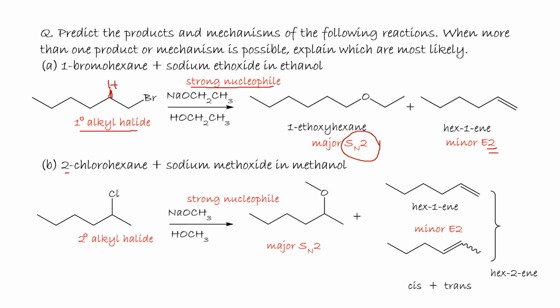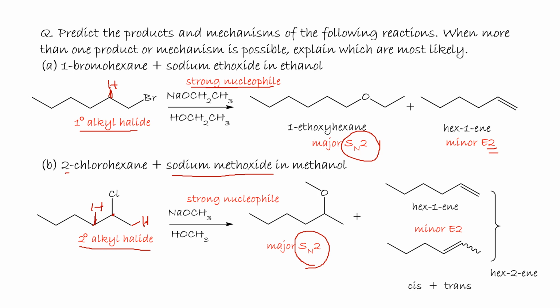2-chlorohexane, it's secondary alkyl halide with again sodium methoxide, strong nucleophile. So you are expecting secondary alkyl halide to undergo major SN2 with the elimination as a minor. You have two possibilities, H in here and H in here.